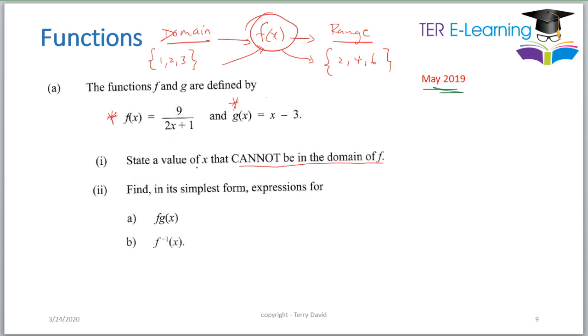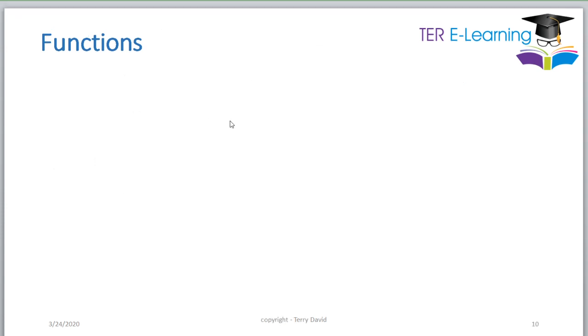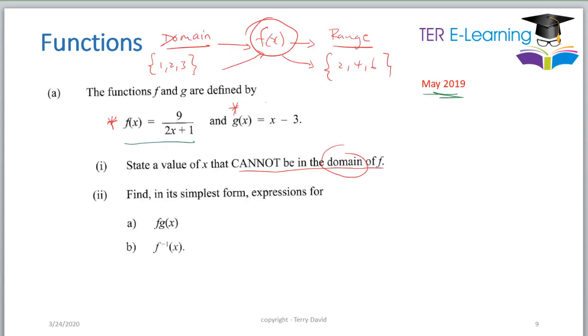Now, the question is saying state the value of x that cannot be in the domain. So what they're trying to say is for this function here, there's a value which cannot be in that domain. Now, the function is f of x is equal to 9 over 2x plus 1.